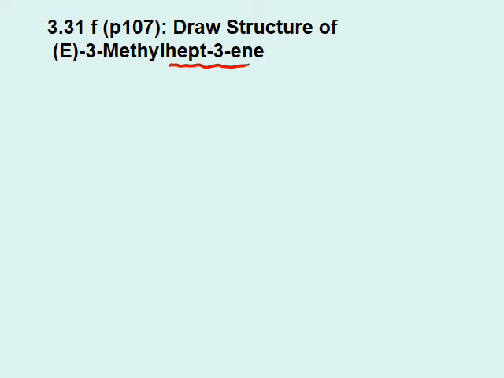So let's first write down 7 carbons, because hepta means 7. Let's assign numbers on the top: 1, 2, 3, 4, 5, 6, 7. It doesn't really matter from which end you start numbering 1.